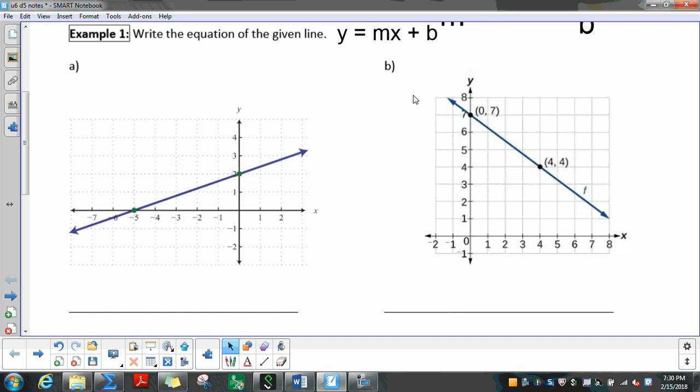Here we're given some graphs. From the graph, we are looking for the slope and the y-intercept. Which one you find first is up to you. I like to start with slope just because it comes first.